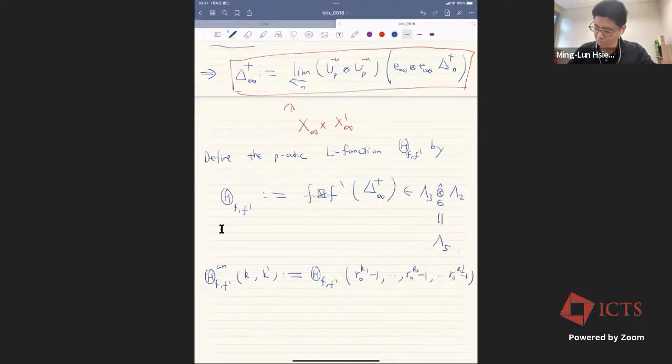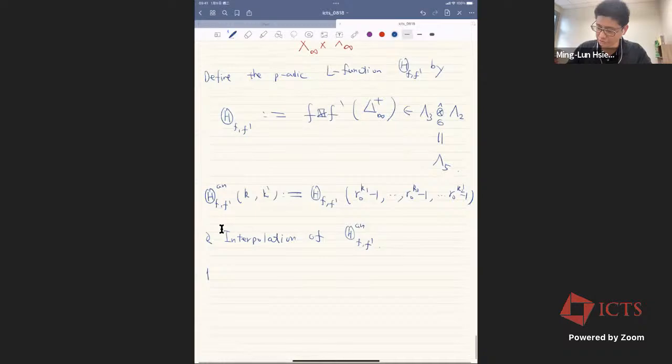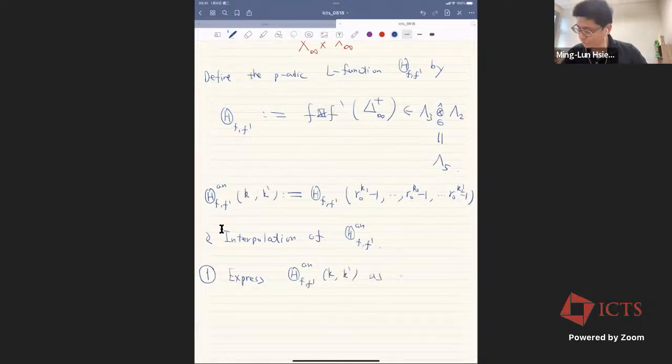Okay, so now I'll talk about the interpolation of these theta elements. So the first step is to express theta ff prime as a period integral over uv prime.